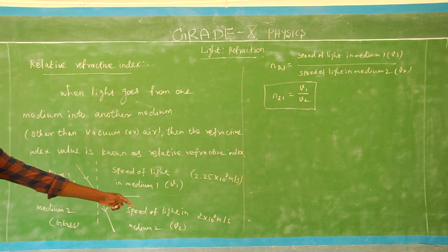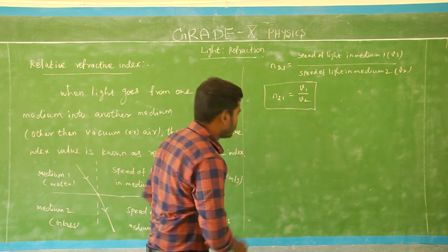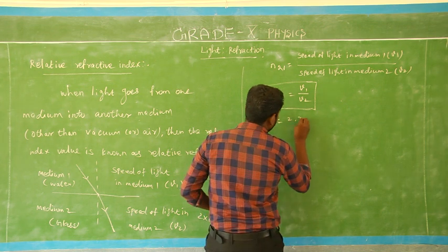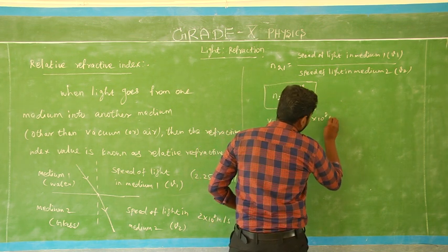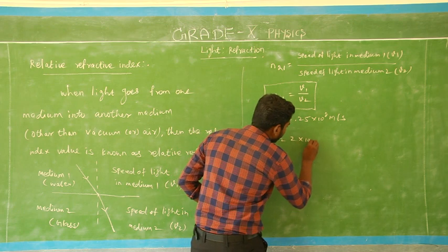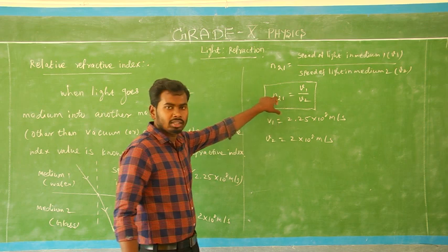Apply these values here. V1 is 2.25 into 10 to the power of 8 meter per second, and V2 is 2 into 10 to the power of 8 meter per second. Substitute these two values in this equation.